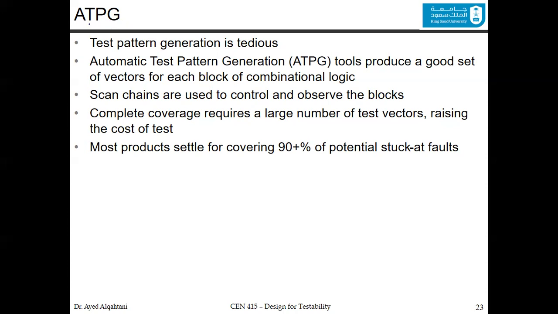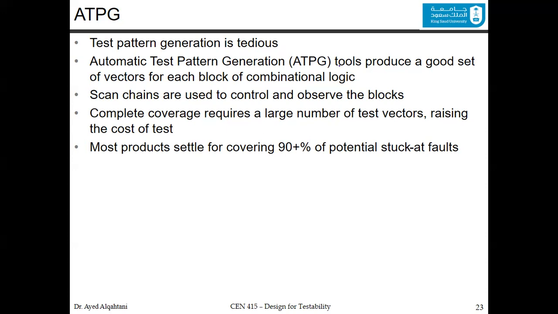To do this, you use the automatic test pattern generation, where test pattern generation happens automatically. The reason is because it's tedious, as I explained. It could be a huge number of test vectors if you do what we explained in the combinational circuit.